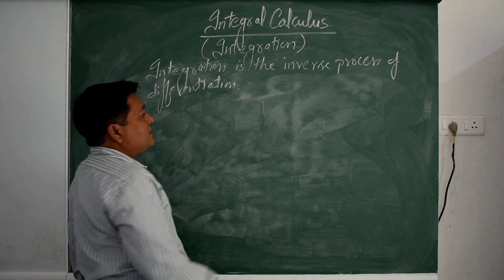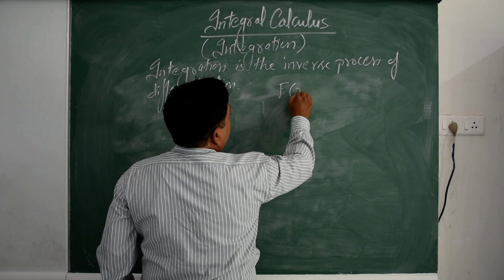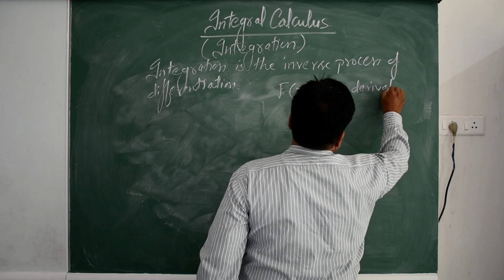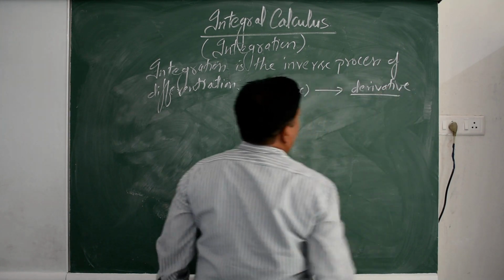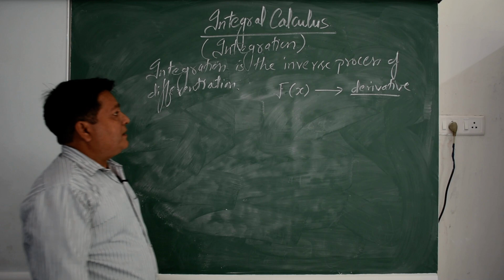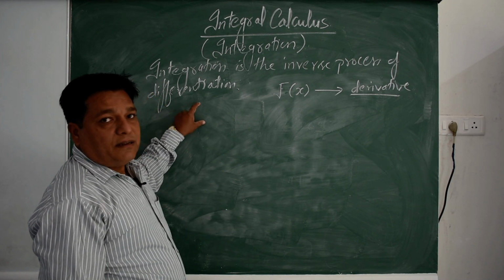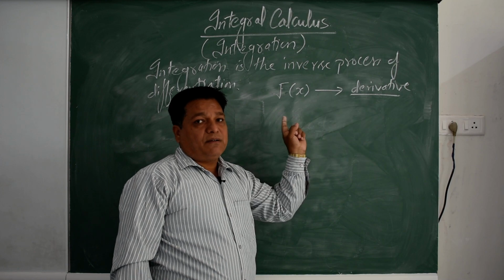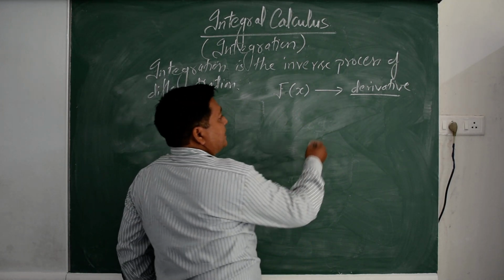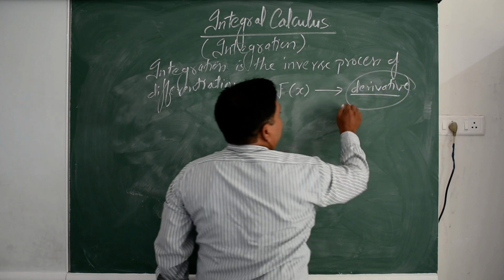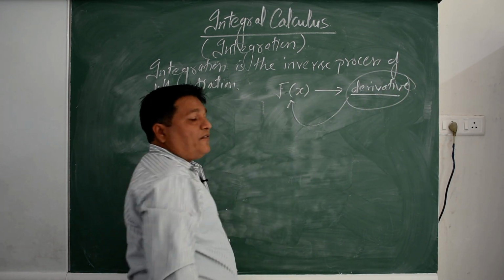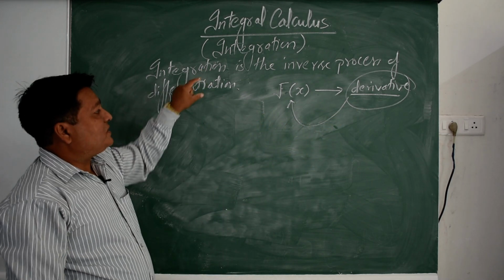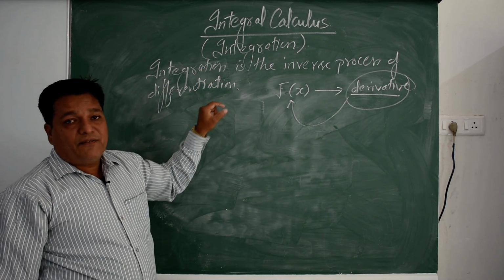We take out the function from the given derivative in this process. In differentiation we find the derivative from the function, but here, if the derivative is given to us, we can get the function f of x from the given derivative. It means that integration is the inverse process of differentiation.